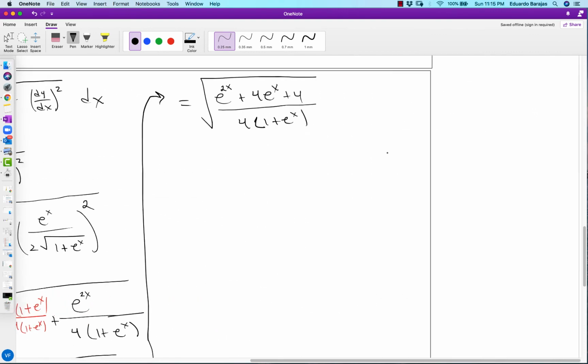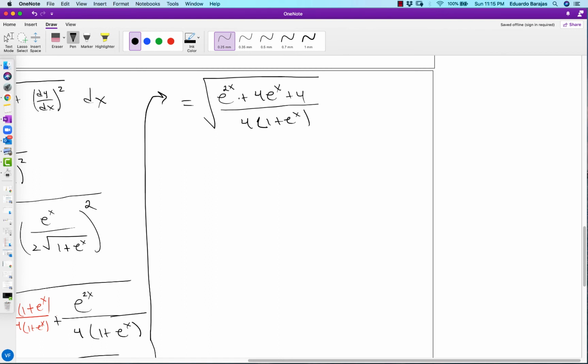Well, this is just a quadratic in disguise. Think of it as, say, u equals e to the x. Then this is u squared plus 4u plus 4, which we know becomes u plus 2 squared. Good, so that's how we can factor this.